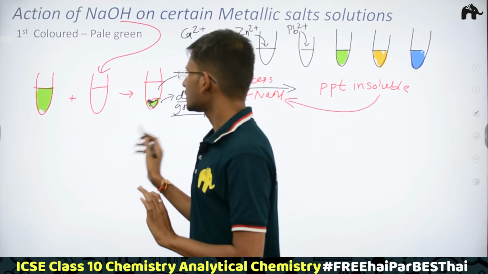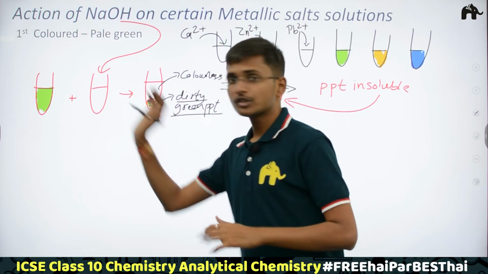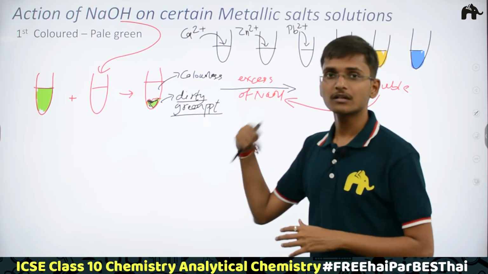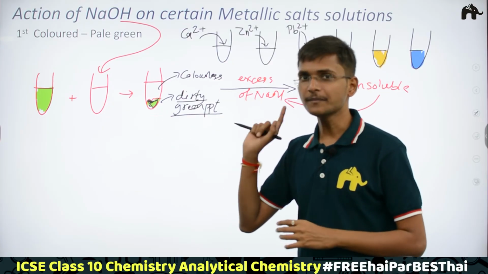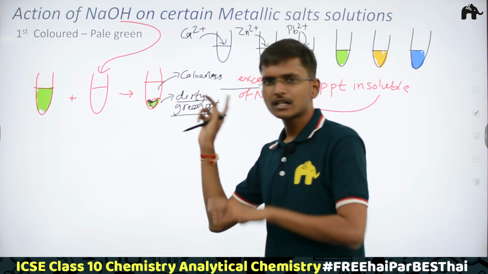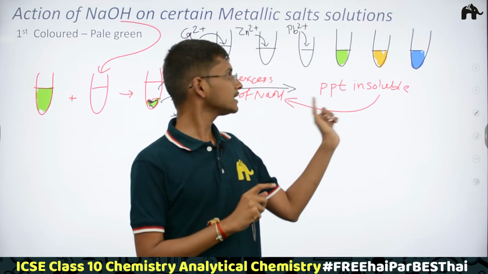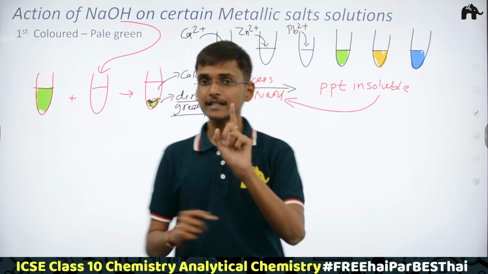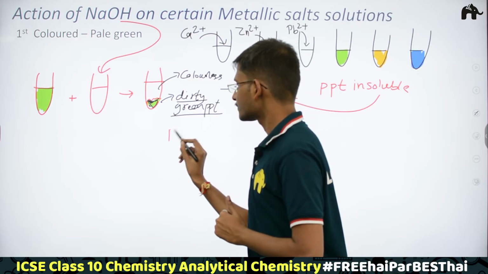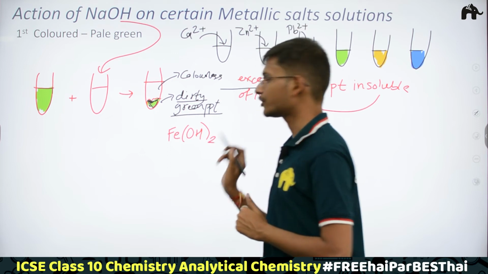Very simple. Now you have to remember, when we add this NaOH solution into this pale green colored metallic salt solution, we get a colorless solution with dirty green PPT, which is insoluble in excess of NaOH, and such dirty green PPT is of ferrous hydroxide.